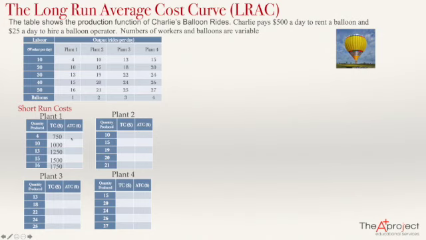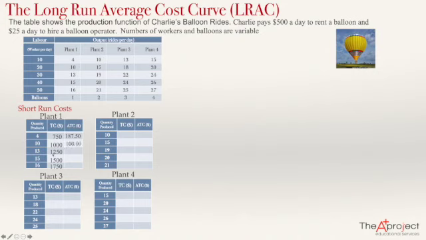So now it will be easy to compute the average total cost. And the average total cost in this case will be 750 divided by 4, or 187.50. Remember, the average total cost is the total cost divided by the quantity. It will be 1,000 divided by 10, that is 100.